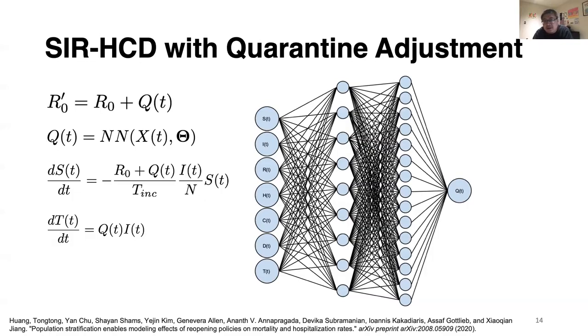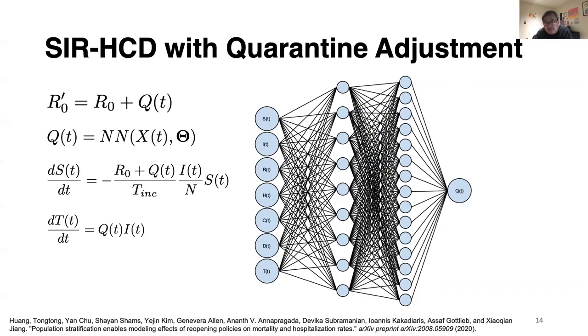And the augmented model introduces a quarantine length, a strength term Q, and a quarantine population T. QT is designed as an n-layer, multi-layer perceptron with the weight vector W and input vector XT, which is a concatenation of all the size of the compartments, including S, I, R, HCD at time T.